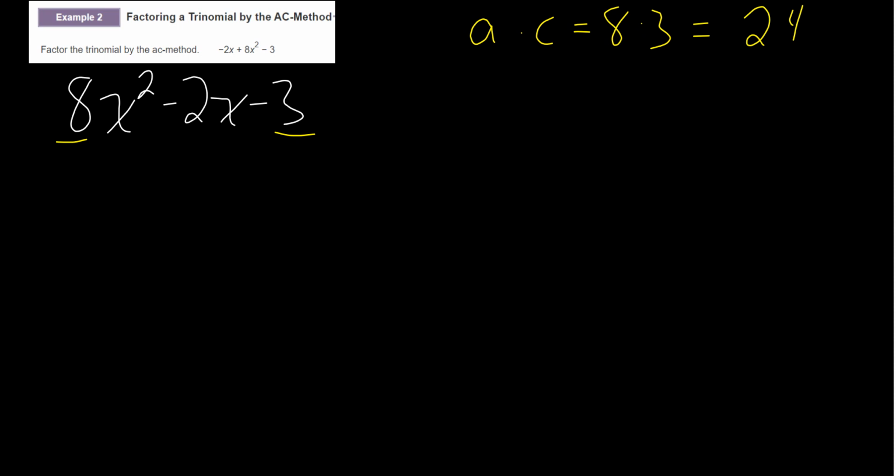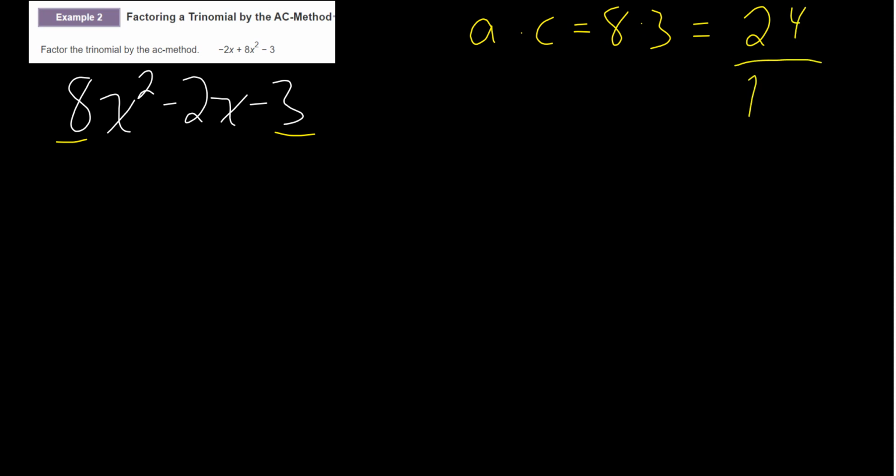Again, not technically correct because it's a negative 3, but since I don't want to deal with the positives and negatives every time, I just simply write the positive of it. I'll show you what I mean by that after we do this problem.